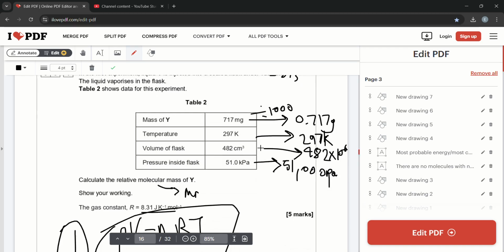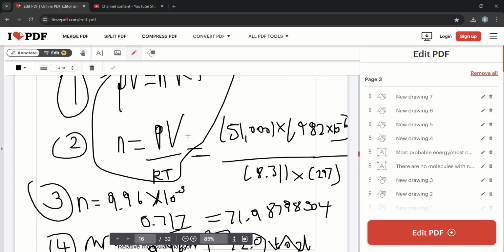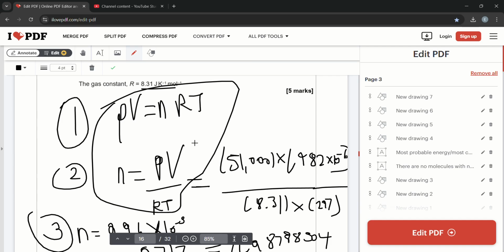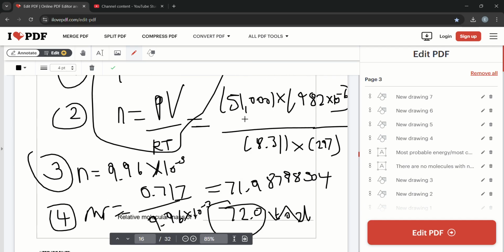Volume in centimeters cubed: we want meters cubed, so divide by a million, times by 10 to the power minus 6. Pressure from kilopascals to pascals, just times by 1,000. It is imperative that you learn how to convert between these units and know them off by heart.